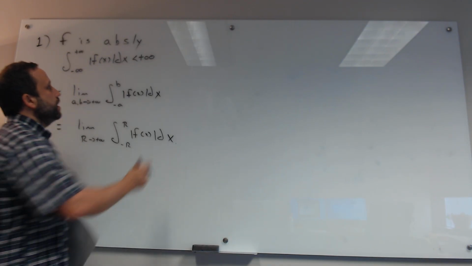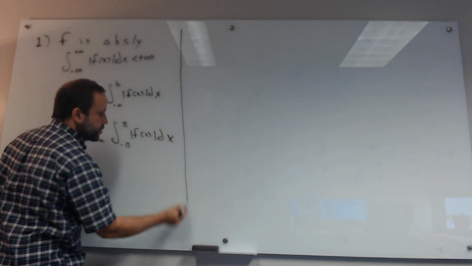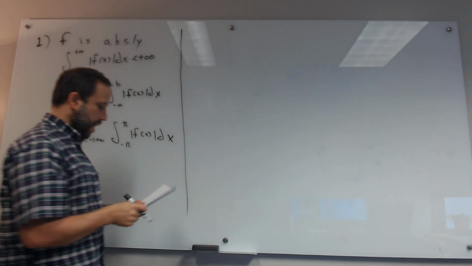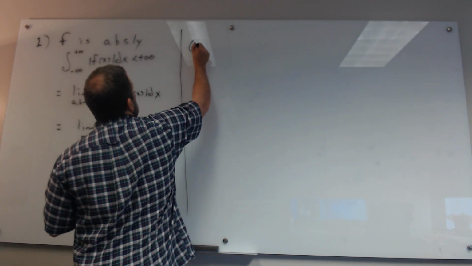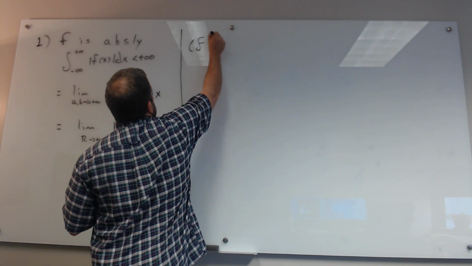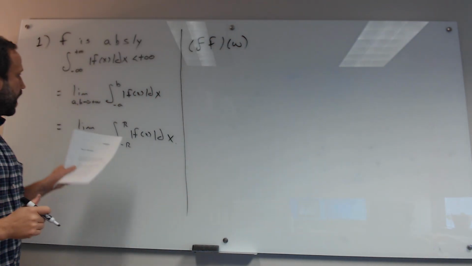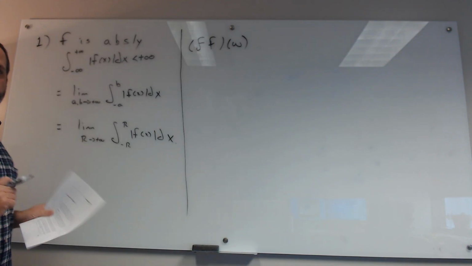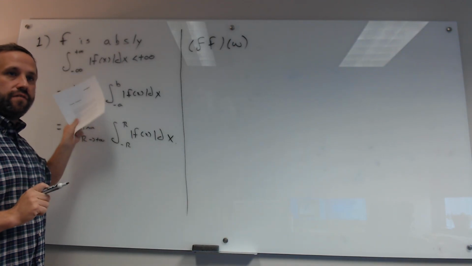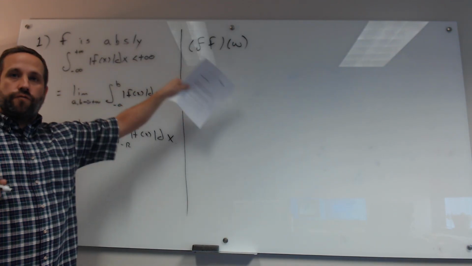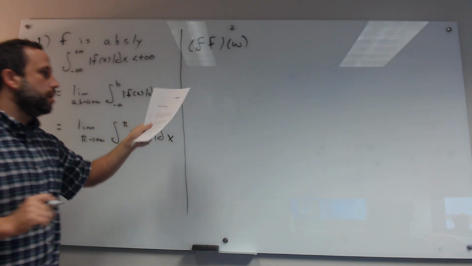Okay, the definition of the Fourier transform, I will give it to you now. The Fourier transform of the function f takes a function f, which is a function of the variable x, and transforms it to a function of the variable omega.